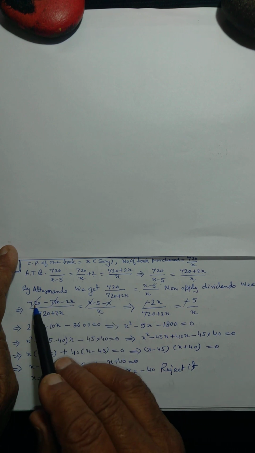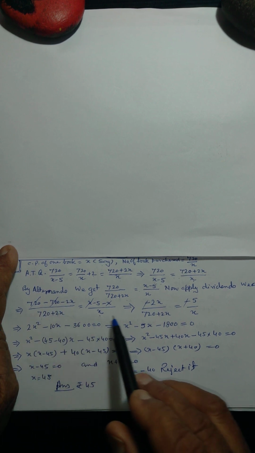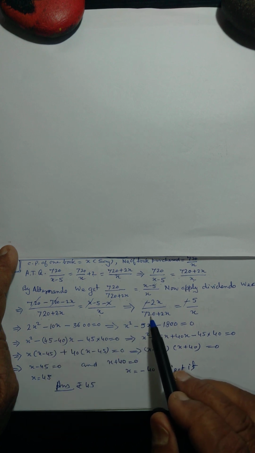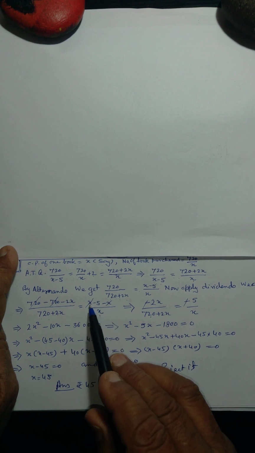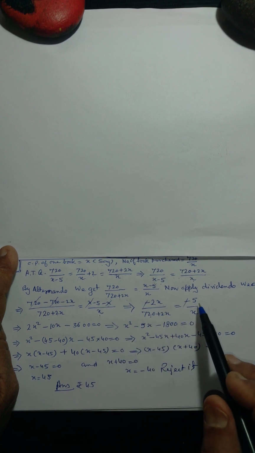You see, this 720 and this 720 will be cancelled. We are left with minus 2x, and the denominator will remain the same. Here again x minus 5 minus x, so x and x will be cancelled because one is plus and the other is minus. So we are left with minus 5.